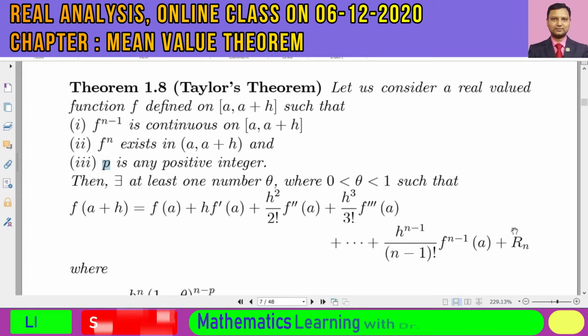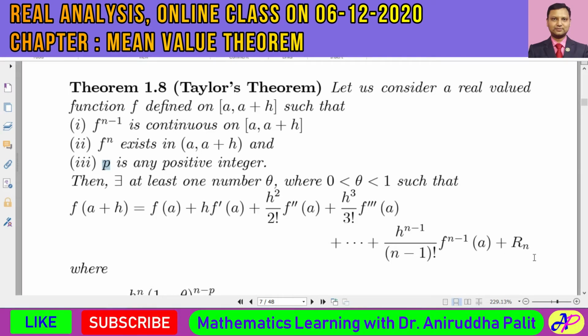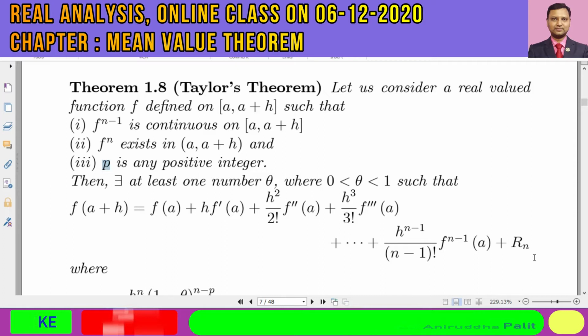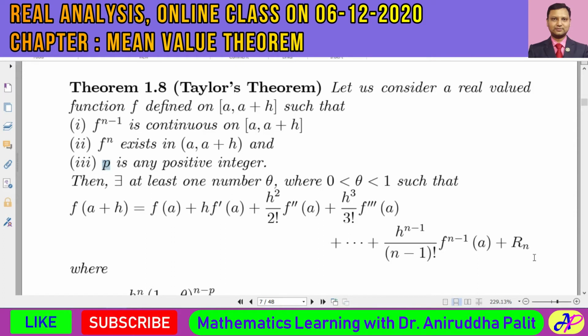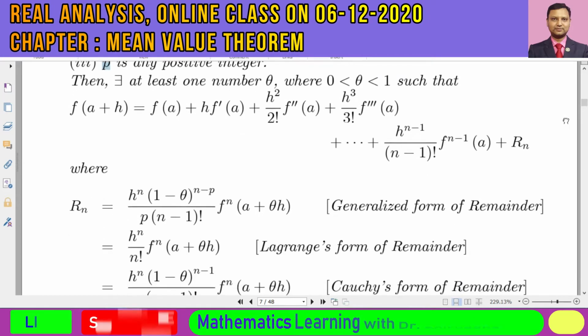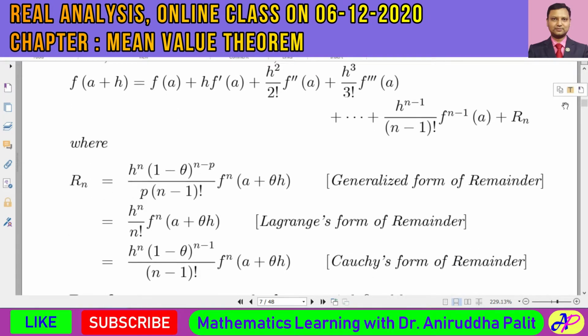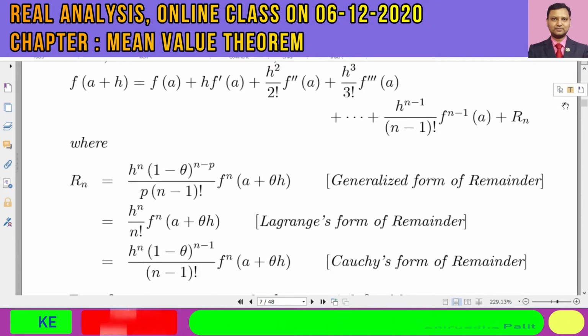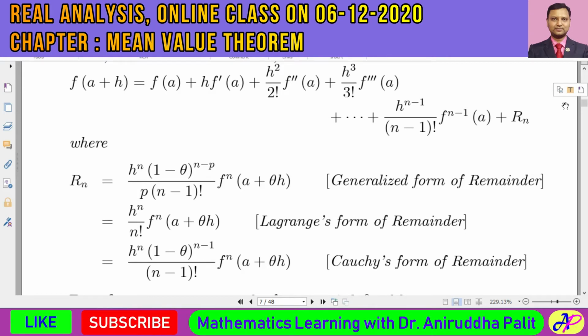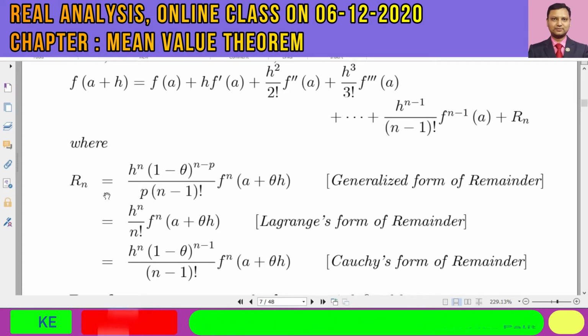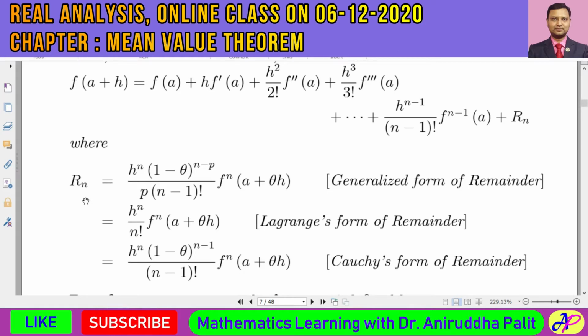And this Rn was the remainder after n terms, and it has three different expressions as I proved in our previous classes: the generalized form of remainder, Lagrange's form of remainder, and Cauchy's form of remainder.